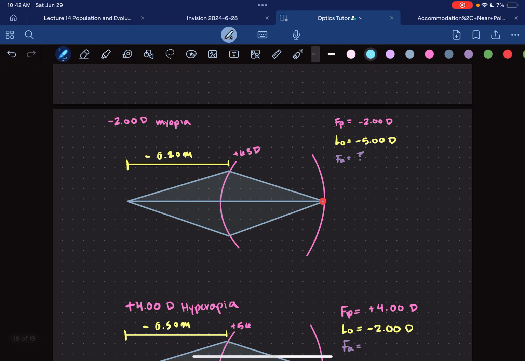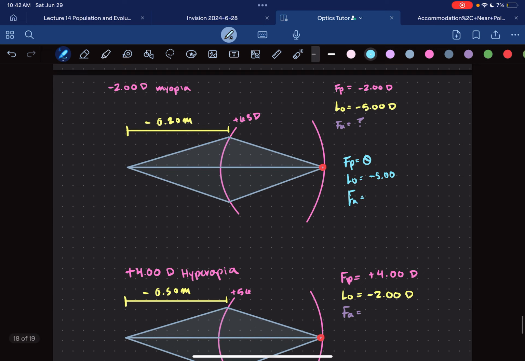So let me do it as if it was an emmetrope. The far point of an emmetrope is 0, right? And we found the object divergence for this at 20 centimeters is -5. What is the accommodation that they're doing to make it clear? As we did before, we'll do far point minus the object divergence, and that's going to give us our accommodation. So it's going to be 5 diopters.